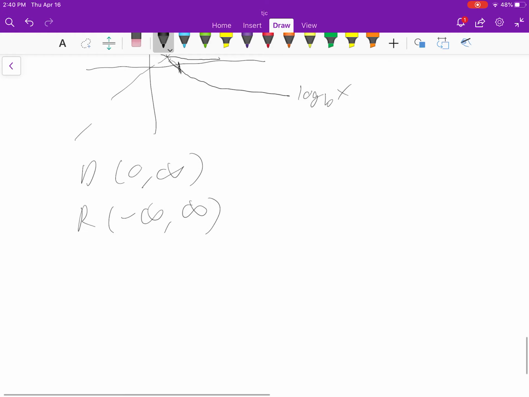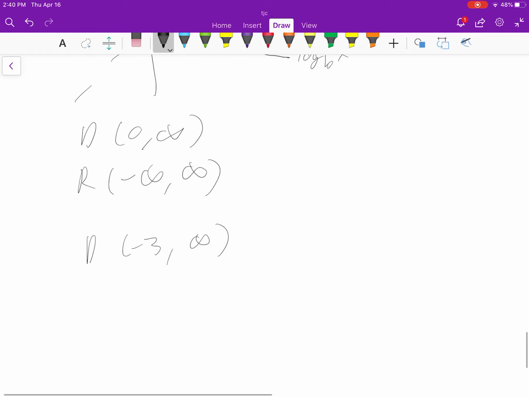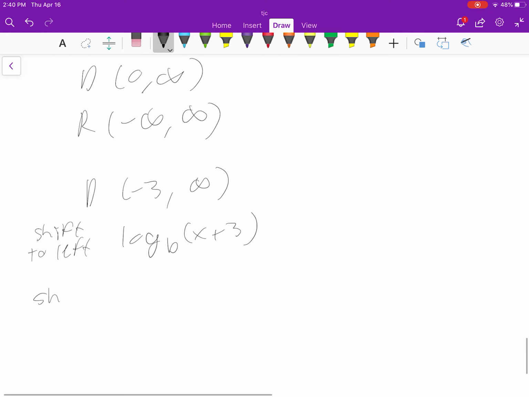Say you want to shift it to the left, so the domain is -3 to infinity. Well, you do that by doing log base b of x plus 3. This is a shift to the left. If you want a shift to the right, it's going to be log base b of x minus 3.